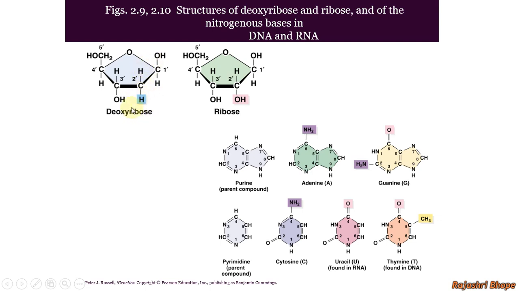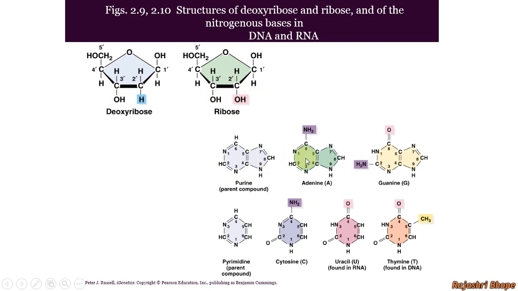See here, this is the deoxygenated carbon. Here in ribose, a hydroxyl group, an OH group, is present. Here only hydrogen is present, so it is a deoxygenated sugar. This is the basic difference between DNA and RNA. In DNA, deoxyribose sugar is present. In RNA, ribose sugar is present.